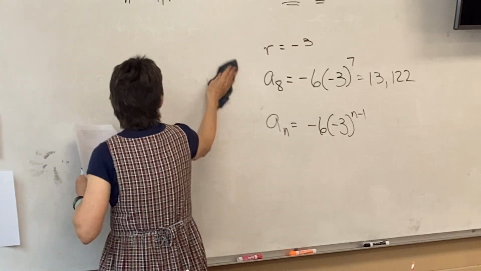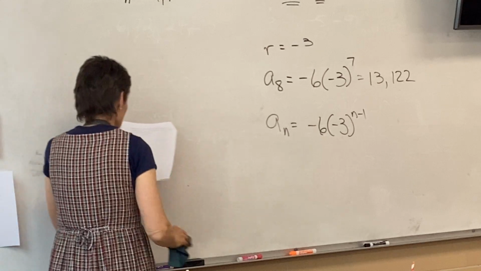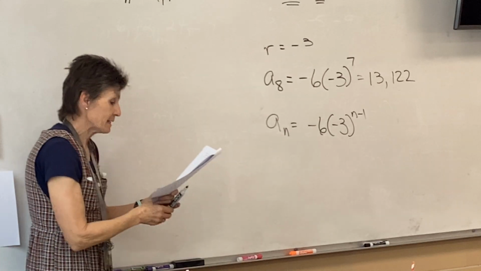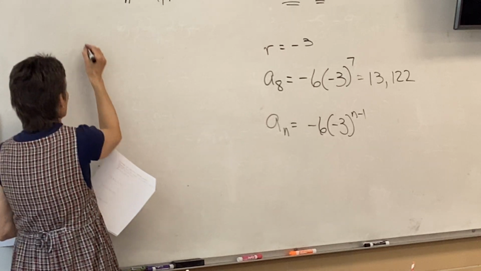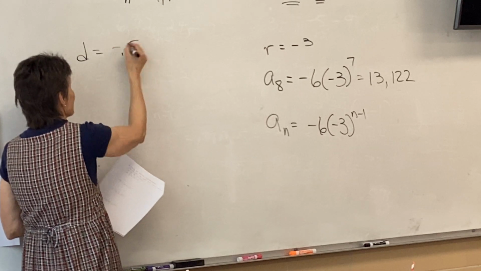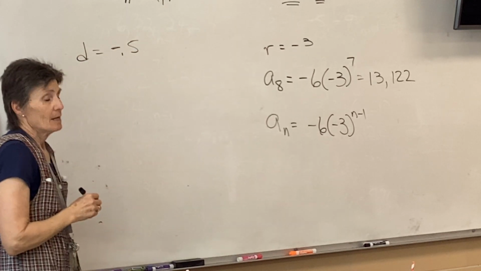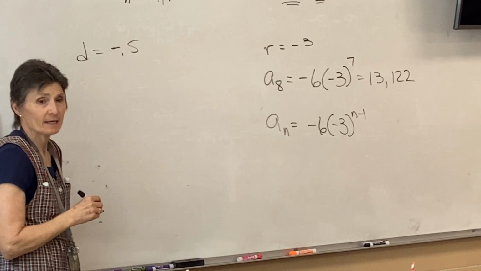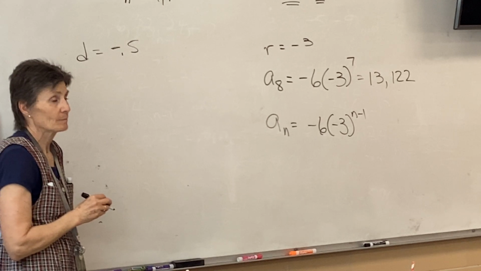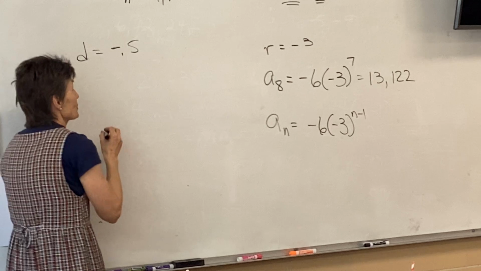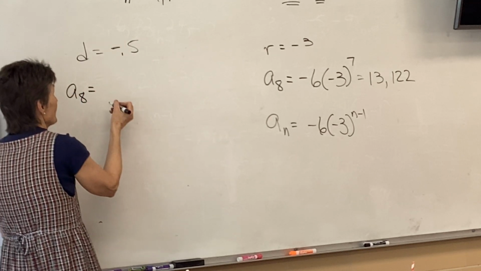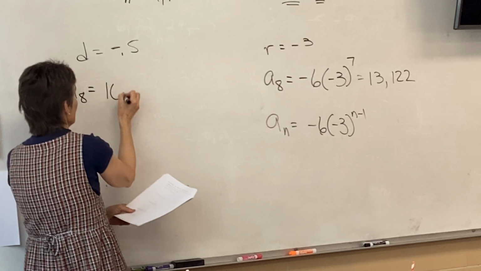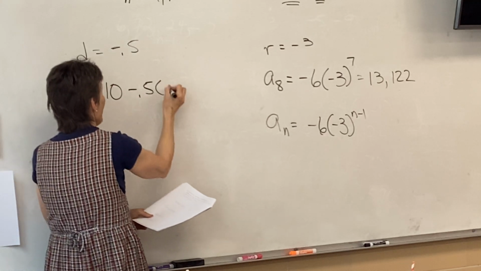All right, let's go to D. What's happening in D? It's minusing by 0.5, which means it is arithmetic, and the difference is -0.5. So there's my formula. The 8th term will be 10 minus 0.5 times 7.